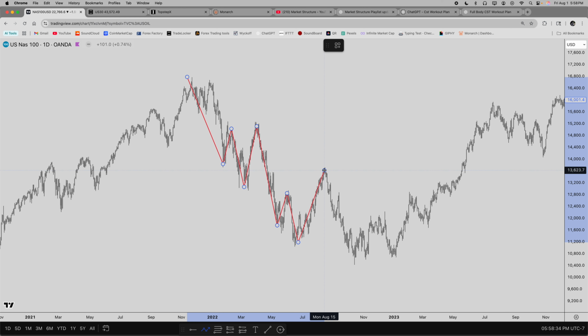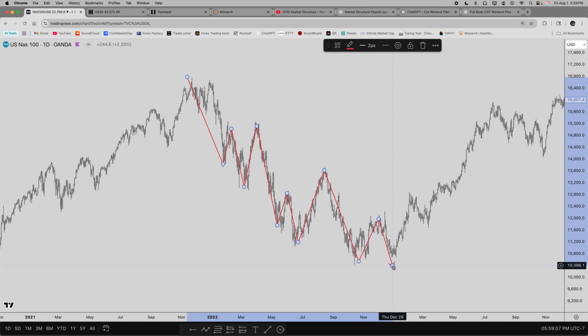But because this lower high is still lower than this one, technically we're still going down. We're still going down unless we break above these highs. So until price decides to climb up and break above these highs, it's still selling. And that did not happen. Price reacted off similar levels of liquidity and then continued to drop.